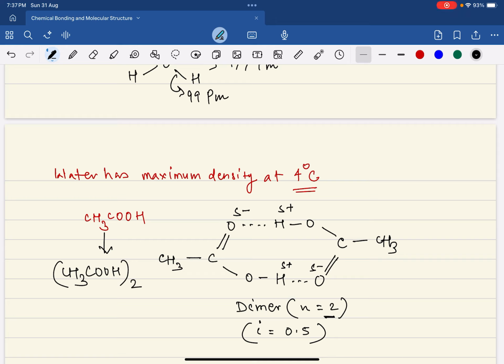It means in case of acetic acid association takes place, and due to association the boiling point of the acid is more than alcohol, because both are able to form hydrogen bonding. So, ethyl alcohol, acetic acid, amide, primary amine, secondary amine, lower members of aldehydes are all able to form hydrogen bonding.